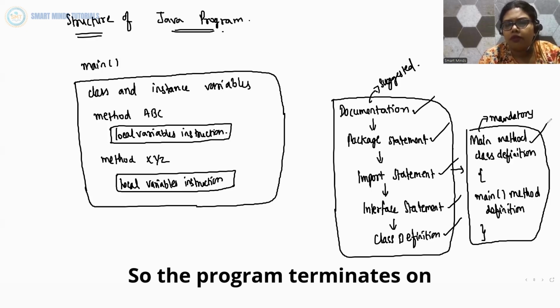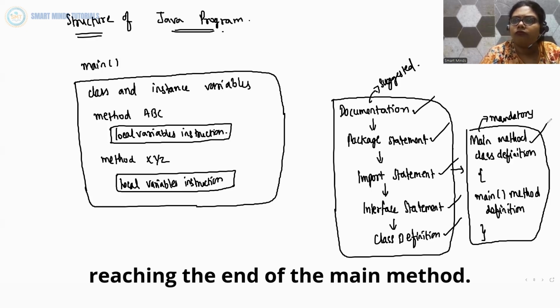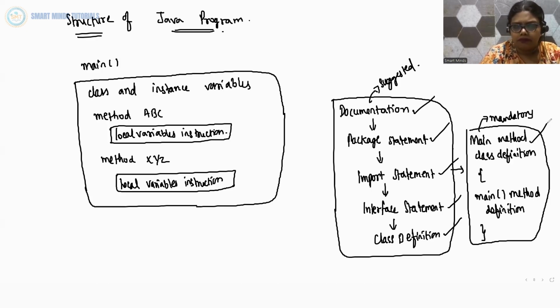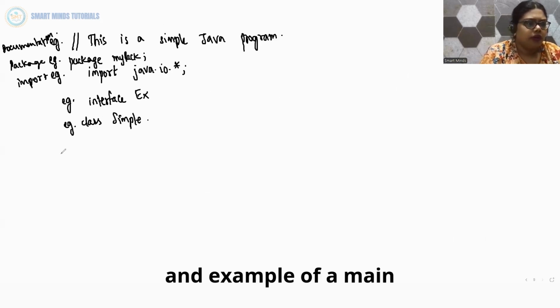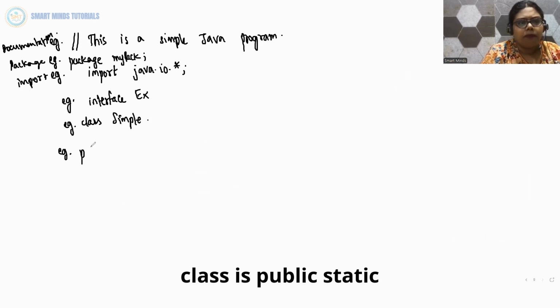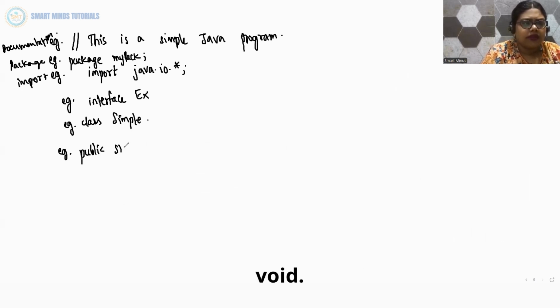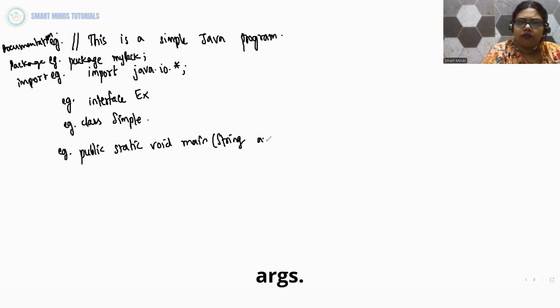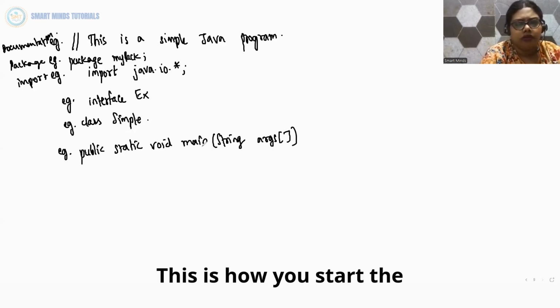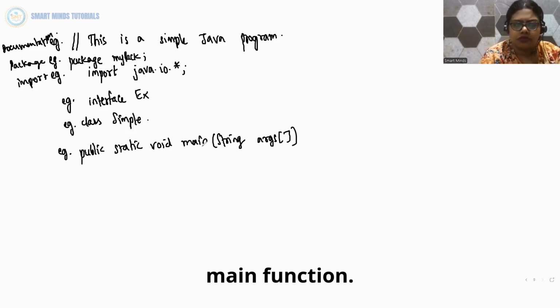So the program terminates on reaching the end of the main method. An example of a main method is public static void main(String args). This is how you start the main function.